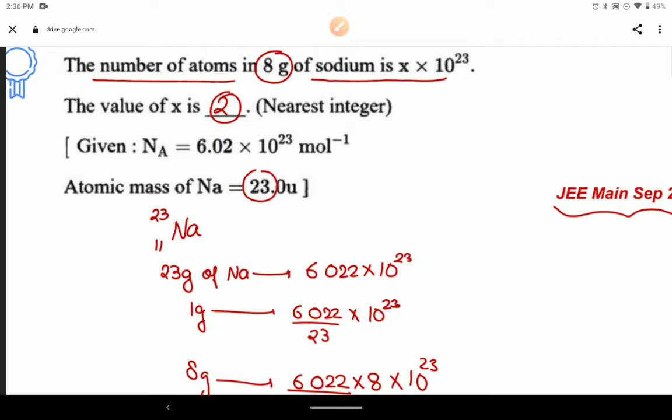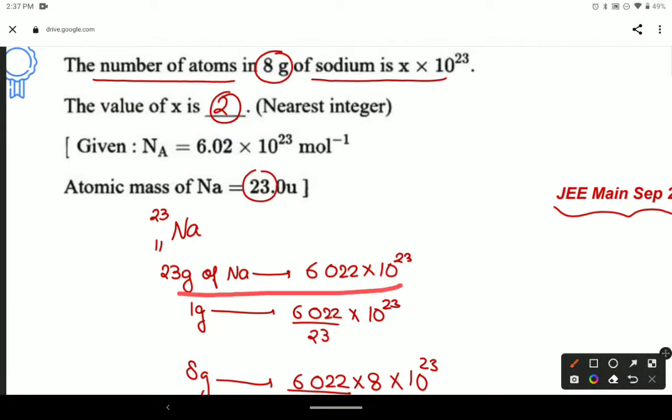In 1 mole of sodium, Avogadro number of atoms are present. So 23 grams of Na contains Avogadro number of sodium atoms. That means 1 gram of sodium contains Avogadro number upon 23 sodium atoms.